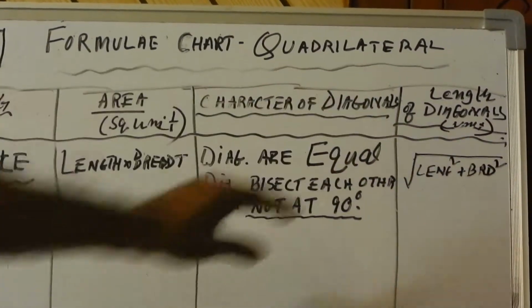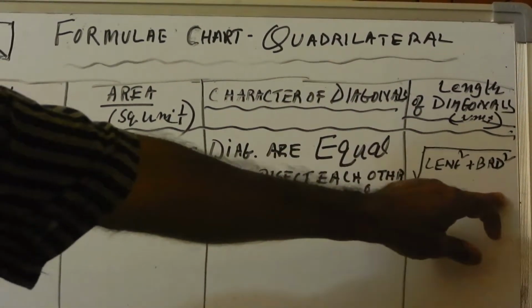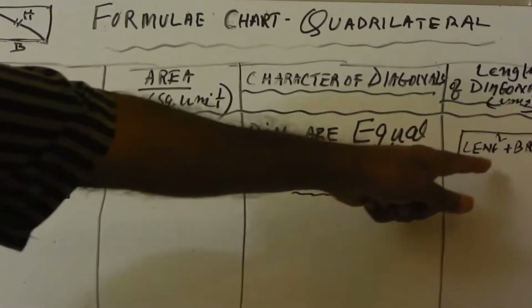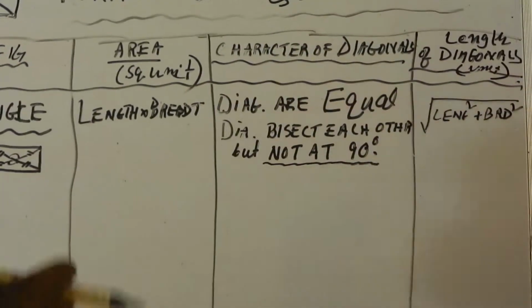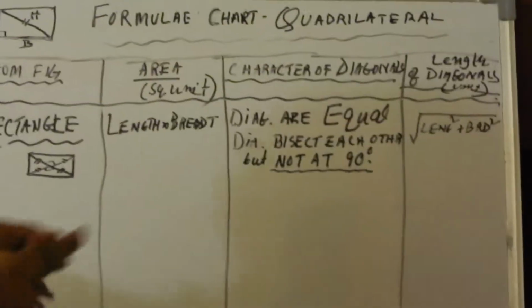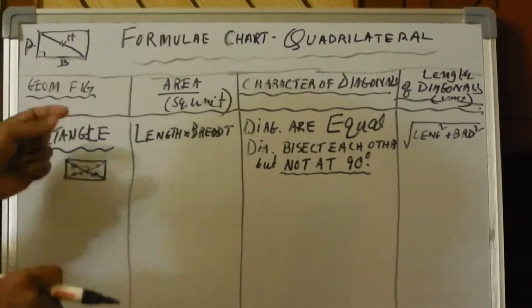So length of diagonal of rectangle equals root over length square plus breadth square, and it is very easy to derive, but you have to memorize it for ready use. And the character of diagonals, as I told you, is very important because it differs from time to time.